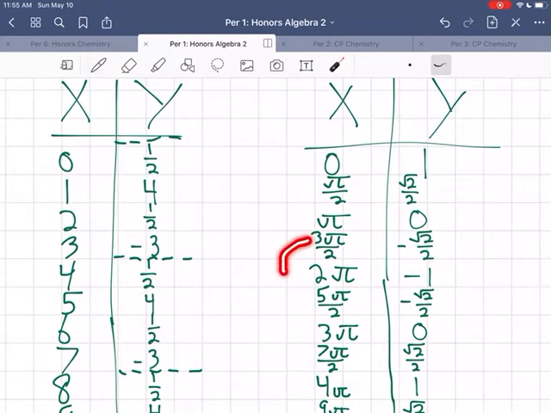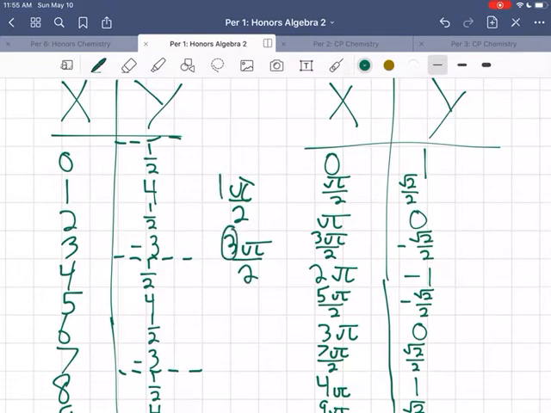From 3 pi over 2 to 2 pi, again, that is just adding another pi over 2. That's just fractions. So if you go from pi over 2 and you add 3 pi over 2, how many halves of pi do you have? You got 3 here, you got 1 here, that is 4 halves, or in other words, 2 pi.